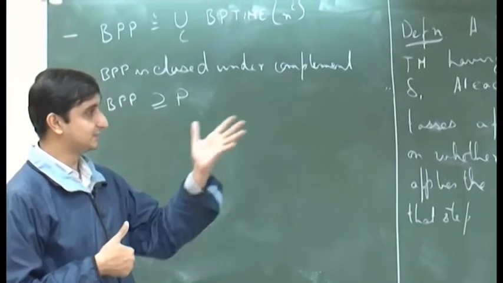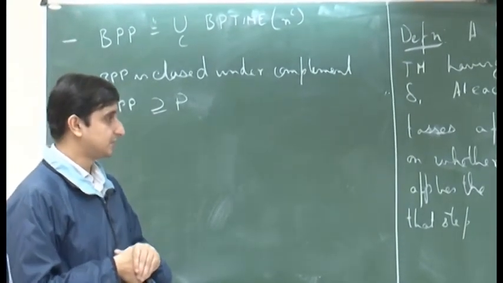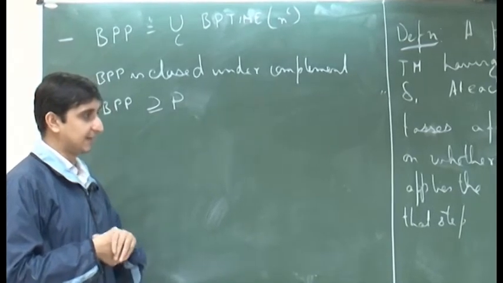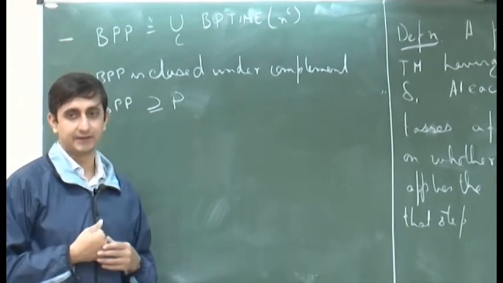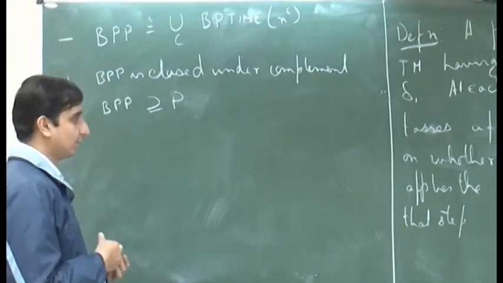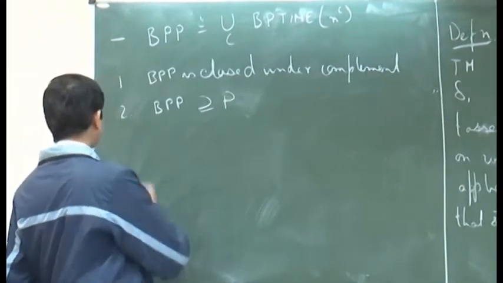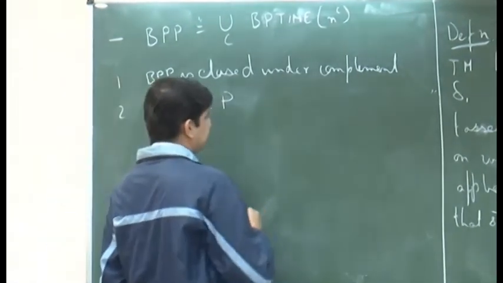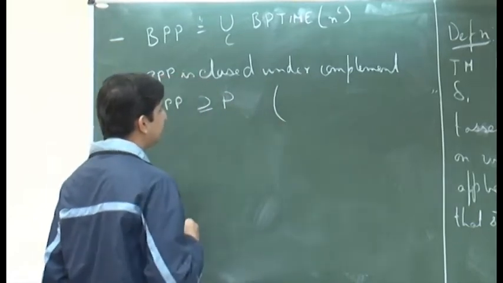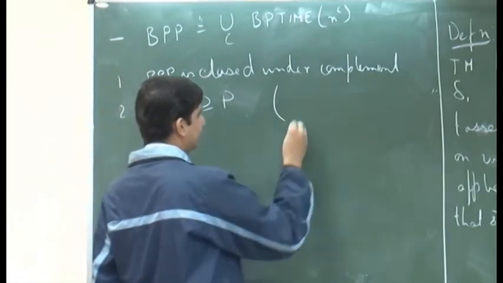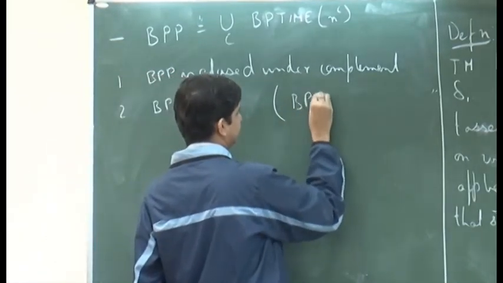Therefore, it always outputs an answer with exact certainty, there is no probability involved. So, it is a major open question in complexity whether these two classes are the same or not.